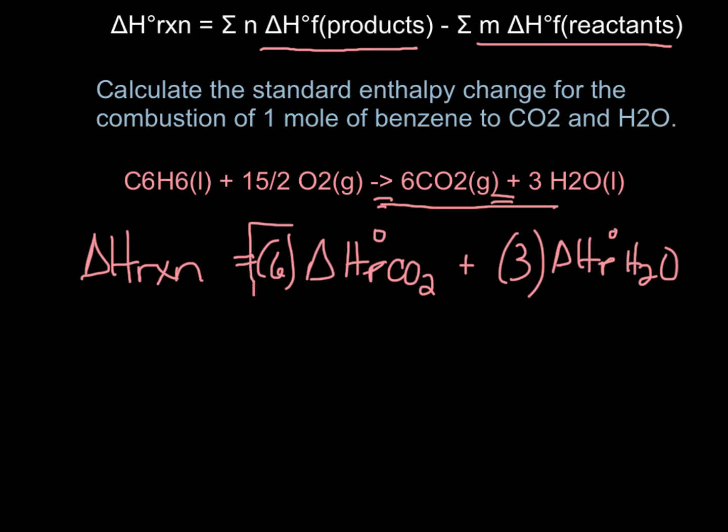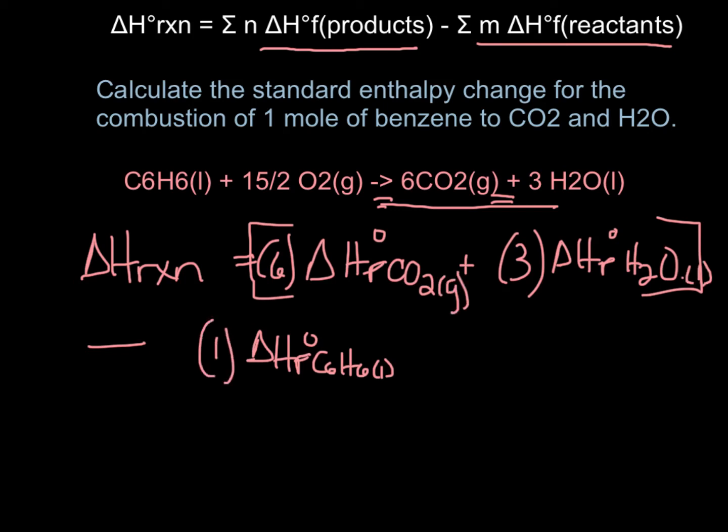So once I've got the sum of that for my products, I'm going to have to subtract the delta H's of my reactants. And so I have my benzene, which is in its liquid form, and there's only 1 mole of it. And my other reactant is the oxygen, and the coefficient there is 15 halves.